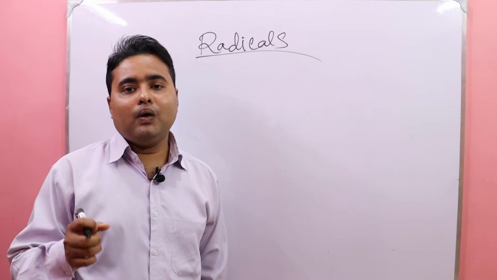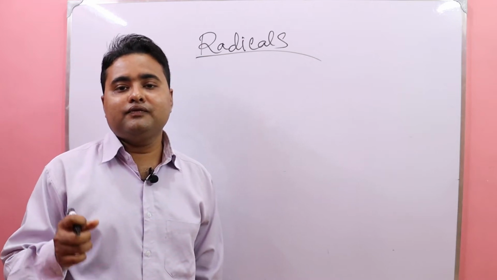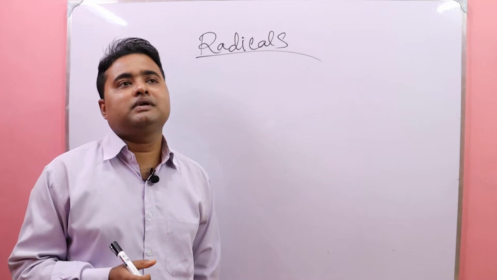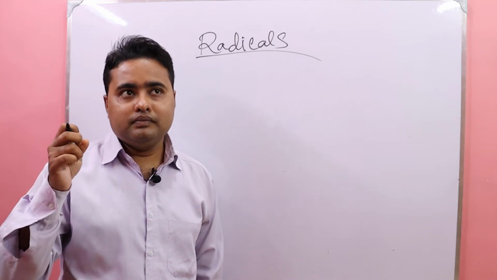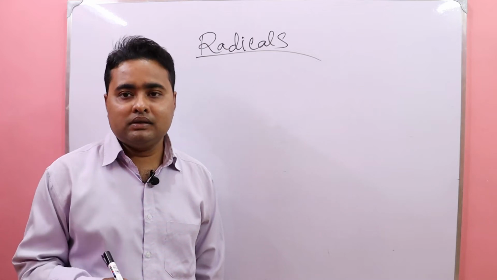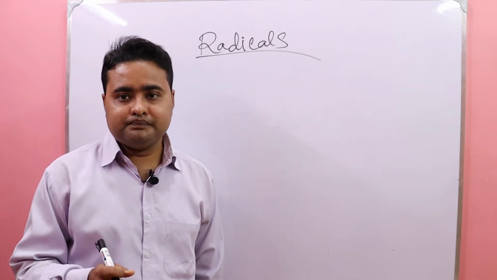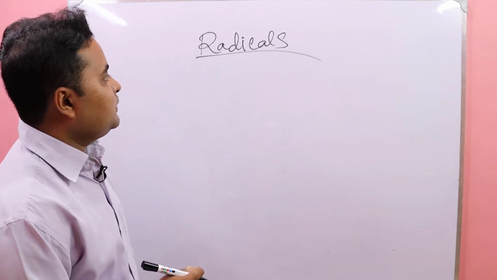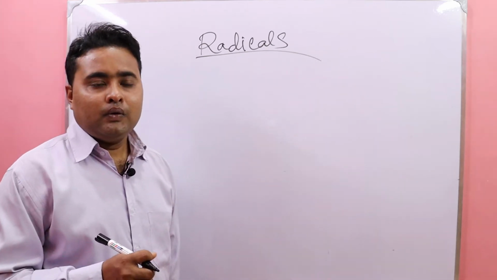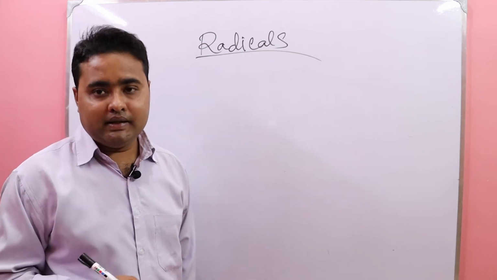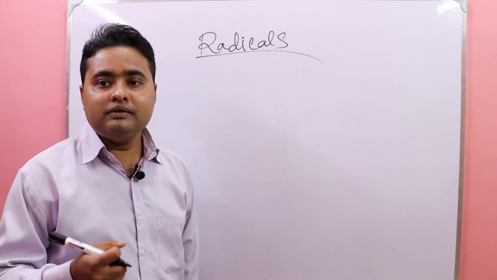In most cases the octet rule is followed by all elements except helium and hydrogen, because helium and hydrogen follow the duplet rule. So first we have to understand the concept of radical and how radicals form.